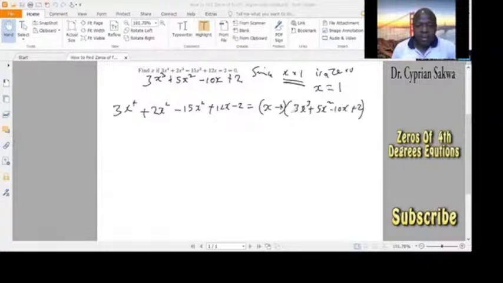This is what we have so far, that we have factorized this to be this. So we are trying to find out whether this one can also be factorized further.